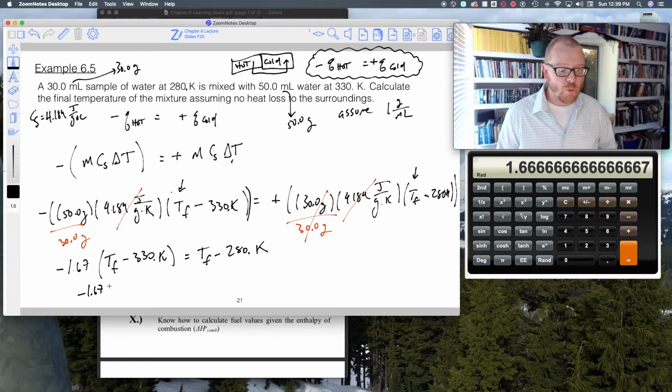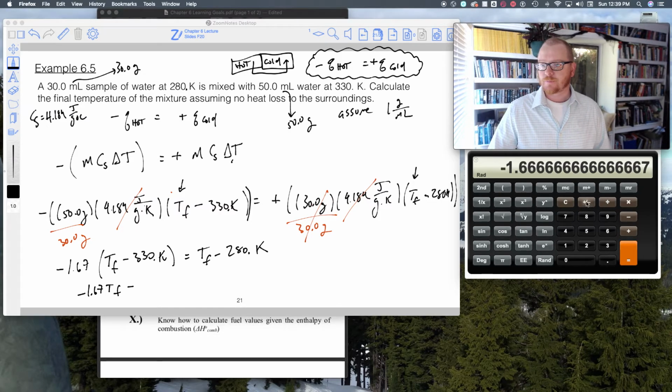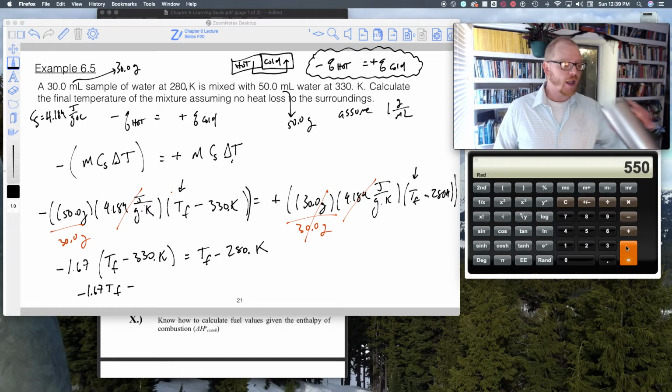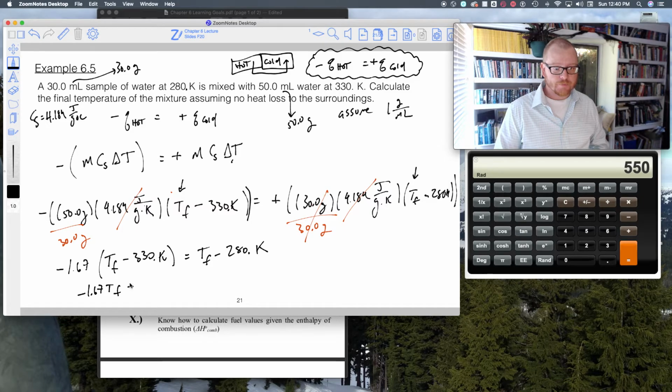So that's negative 1.67 TF minus, and then when I say negative 1.67 times 330, there's a negative sign there, I get 550, okay? Positive.